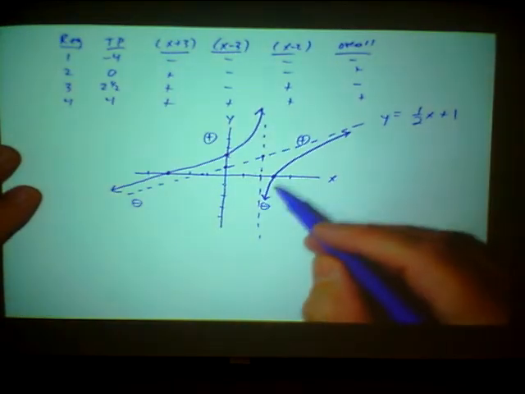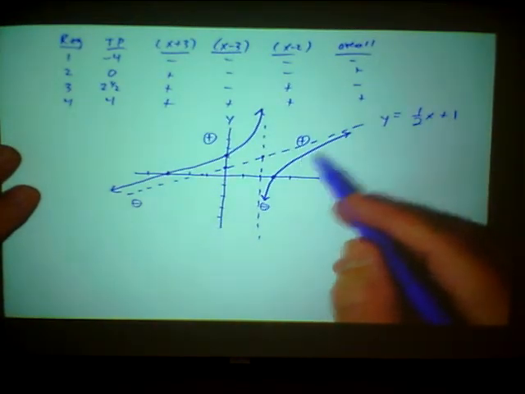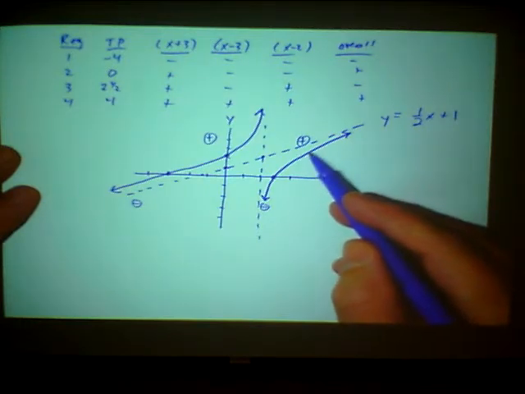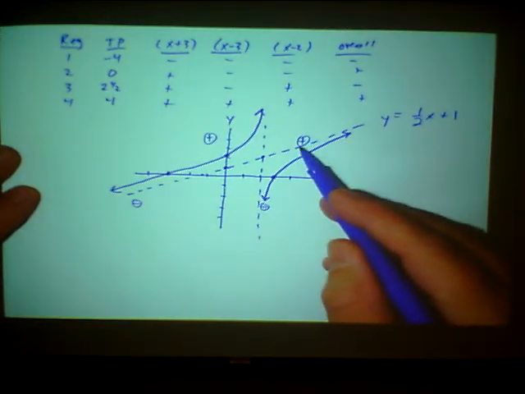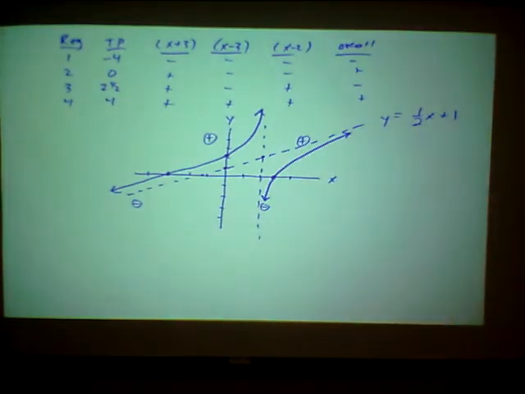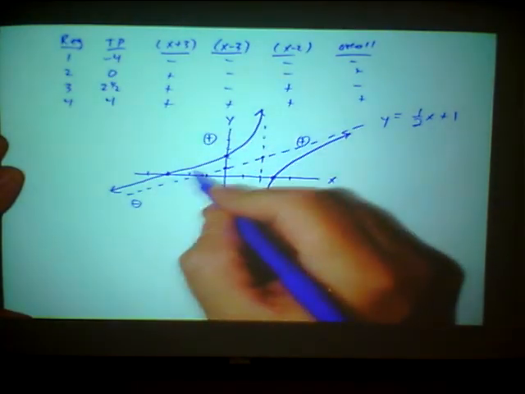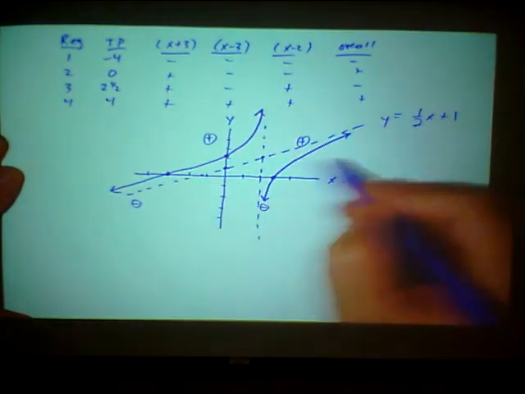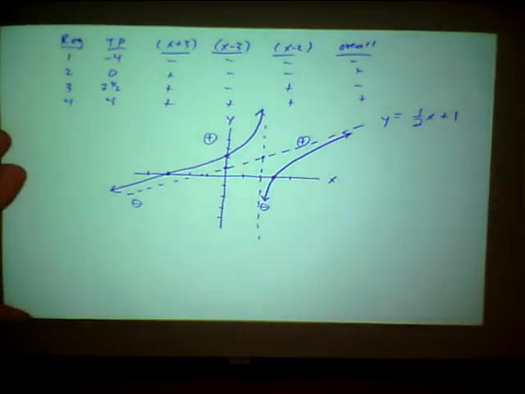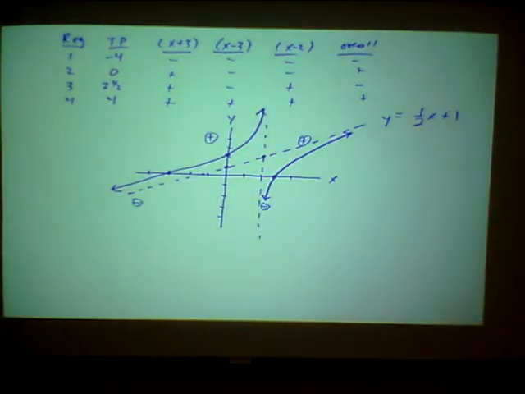And you notice over here, I do have an asymptote. My graph actually tracks and gets very close to this oblique asymptote but never touches it. So that's the idea of an oblique asymptote. Both on the left-hand side and the right-hand side, my graph begins to track this oblique asymptote. So I think you have a problem in the homework with an oblique asymptote. So that's the idea.